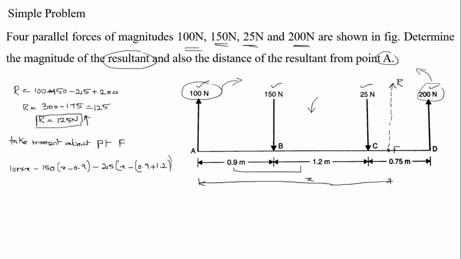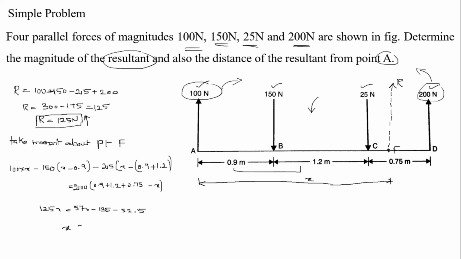Point D is acting upward, so 200 into the sum of all, 0.9 plus 1.2 plus 0.75 minus x. Simplifying this, 125 x is equal to 570 minus 135 minus 52.5.